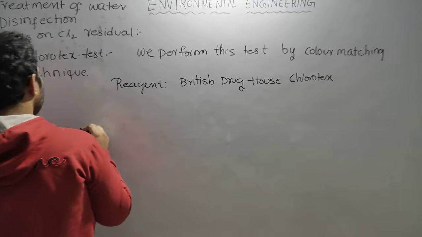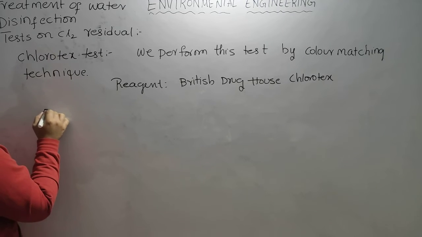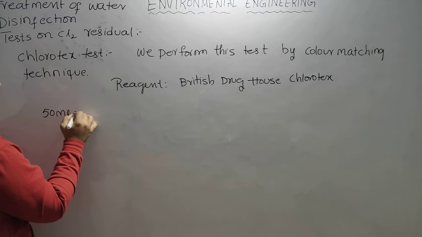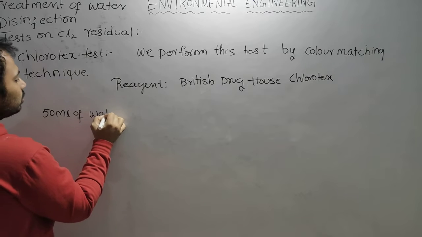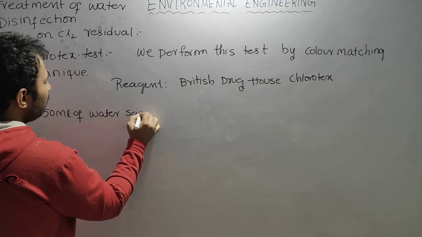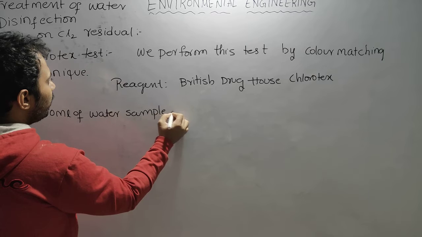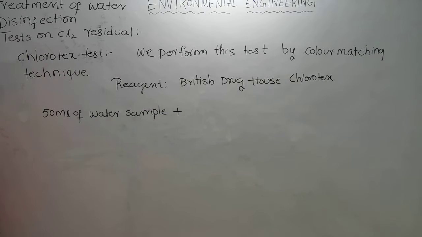How we do this test is, we take 50 ml of the water sample, and we add 5 ml of BDH chlorotex.